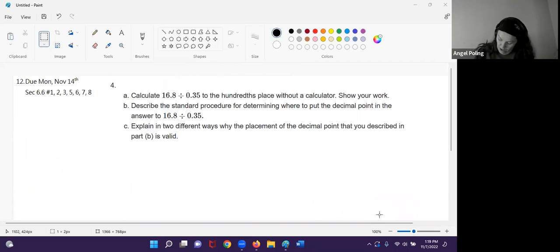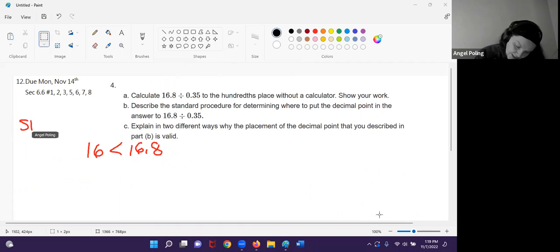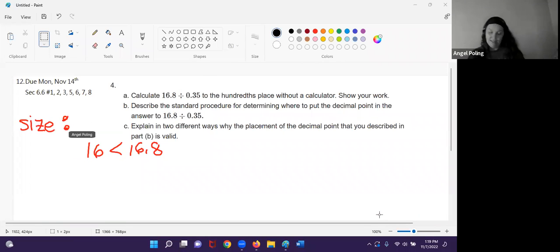Okay, so this one's a little different because it's division, right? But just to start playing around with it, right? We have that 16.8 is larger than 16. So this is a size argument. We're arguing by size.